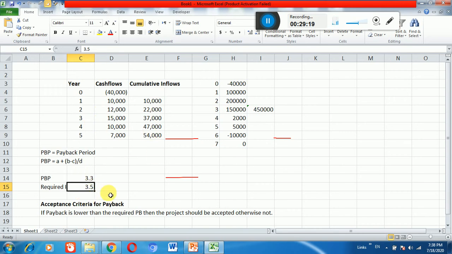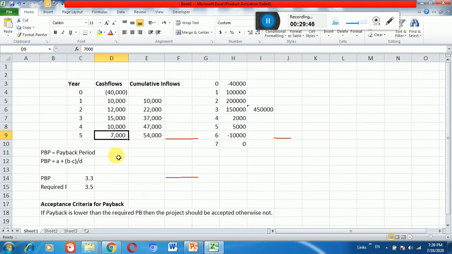But many other investors are interested in the project giving the value back in 3 years. For them it is not acceptable. For those with a required period of 3 years this project is not acceptable, but for you it is acceptable. So look, this is what is called the cutoff period. For you the project is acceptable, for others it is not, depending on their required payback period.